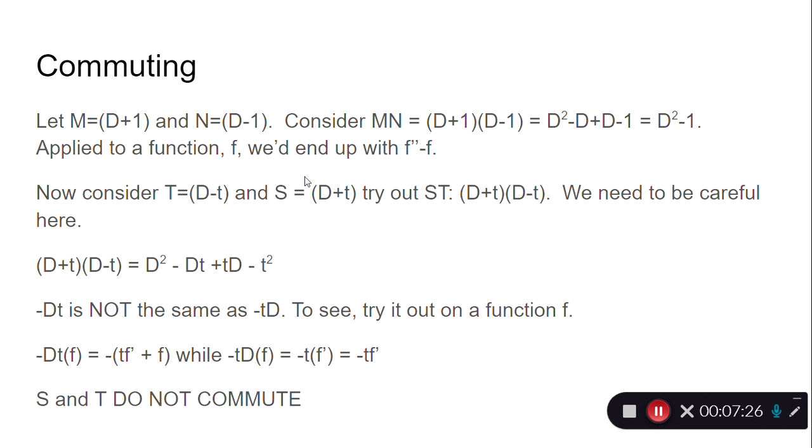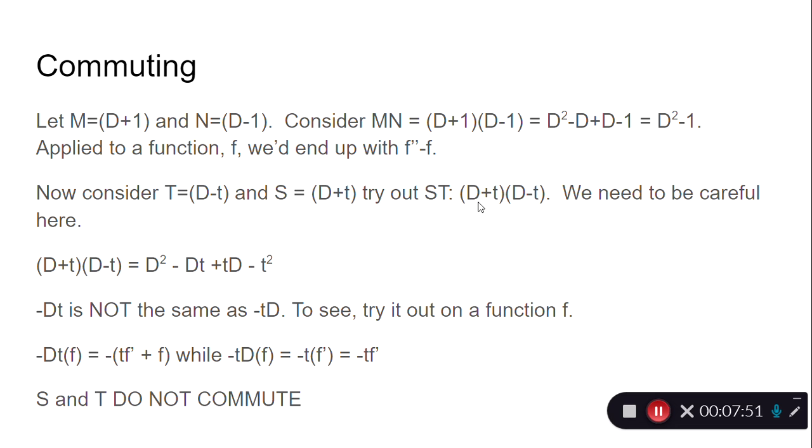Now, let's compare this to something that seems like it ought to be the same. D minus t and D plus t, where t is the variable here. So these derivatives are d dt. Let's multiply these. Be very careful here, because D is not a variable.